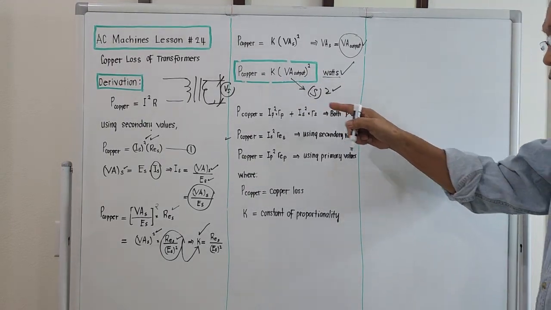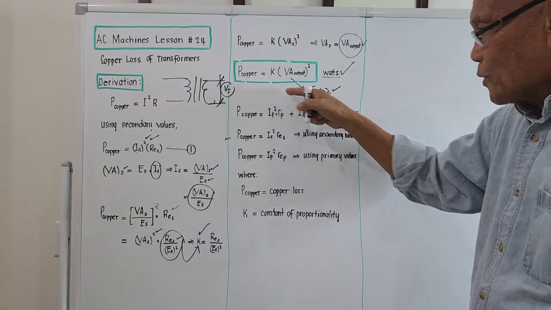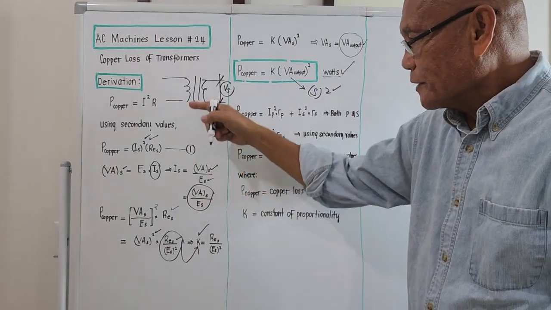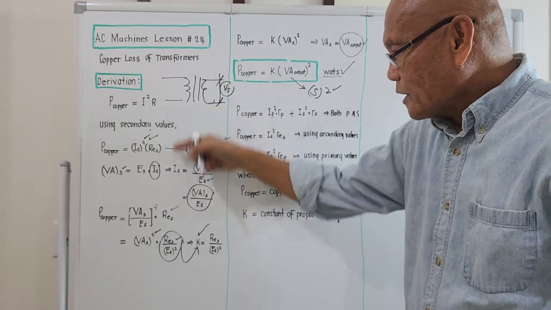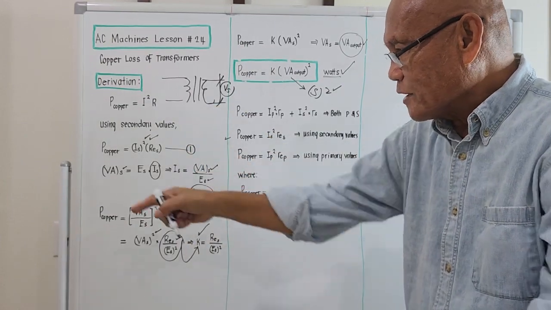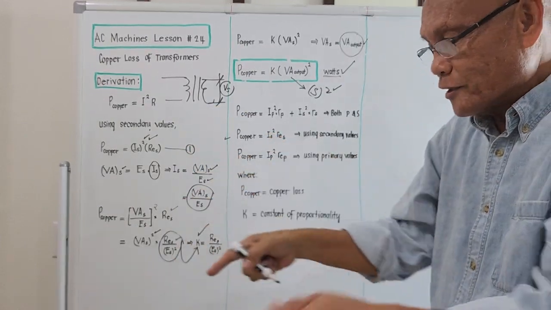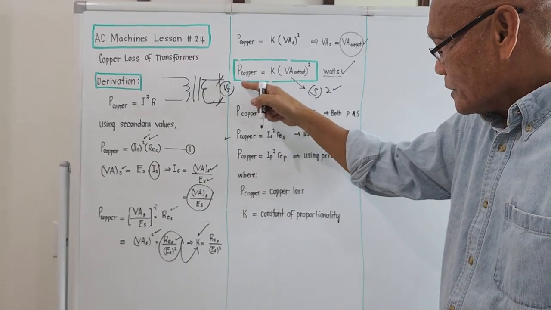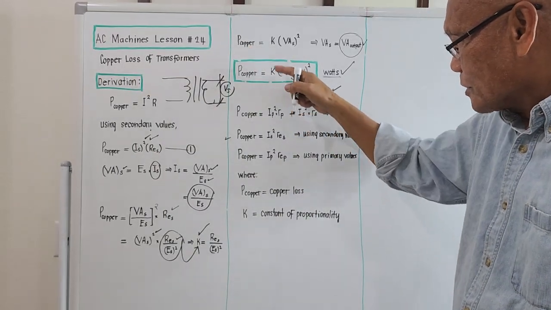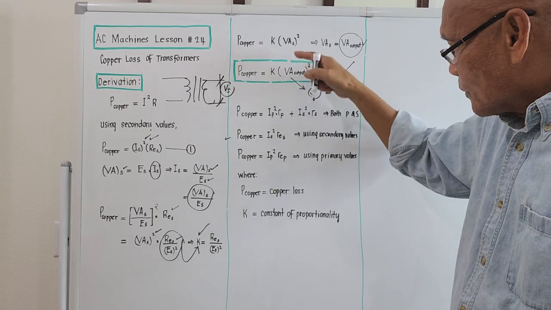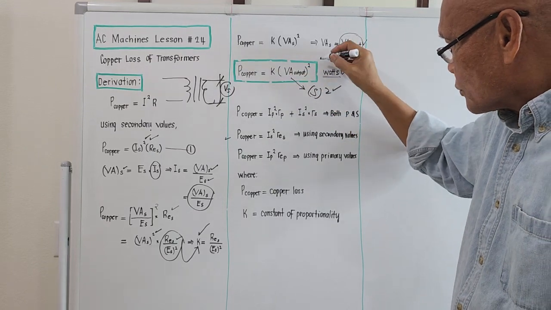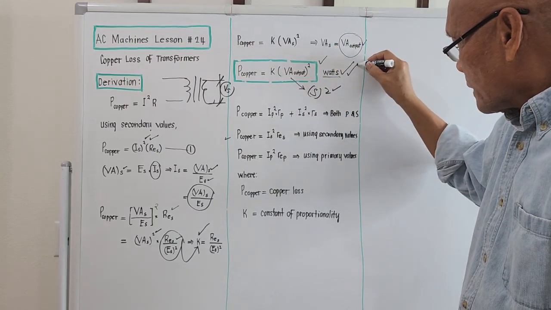From our textbook, this was given, but it was not derived like this. So I brought out the derivation, and what comes out is the one in our textbook. That is, the copper loss is equal to a certain constant K times the volt ampere output quantity squared, and the unit of this is watts.